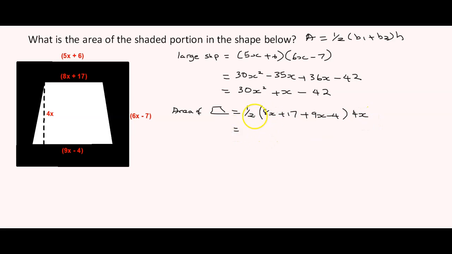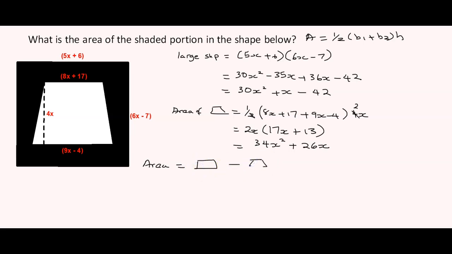So simply put, I'm just going to do this here, so this is going to be 2x. So let's go ahead and simplify what's in the parentheses. So we have 2x multiplied by 8x plus 9x, that is 17x. 17 minus 4, that is 13. So this is going to be 34x squared, and then we have plus 26x.